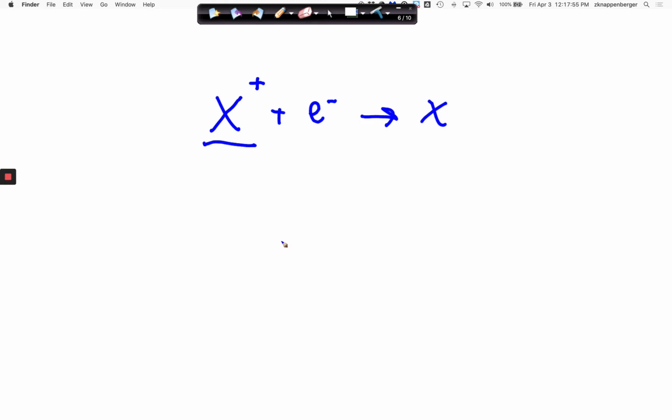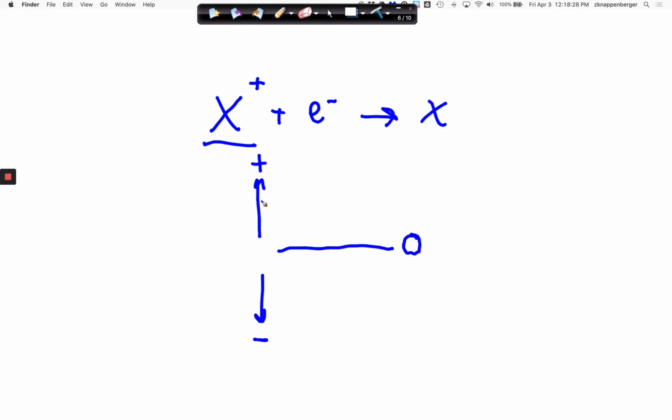This is the part that I wish I could share with you, but we don't do this anymore in AP, which is a little frustrating: anytime you think about relative values, those relative values hover about zero. So we have positive values and negative values for reduction potentials.